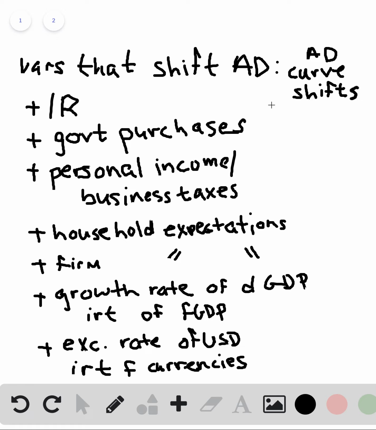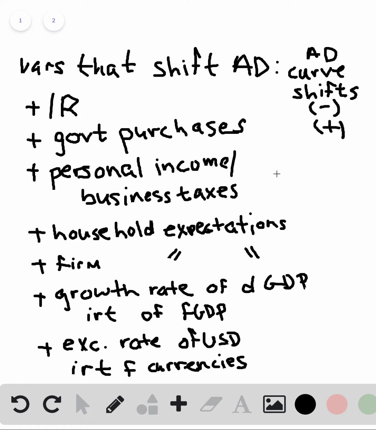So we're going to do AD curve shifts, and I'm going to do a little minus for the interest rate, which means the minus is for left and the plus is going to be for right. If government purchases increase, that is an increase in G, which is government spending. So the AD curve is just going to shift right. I do a little plus for right.